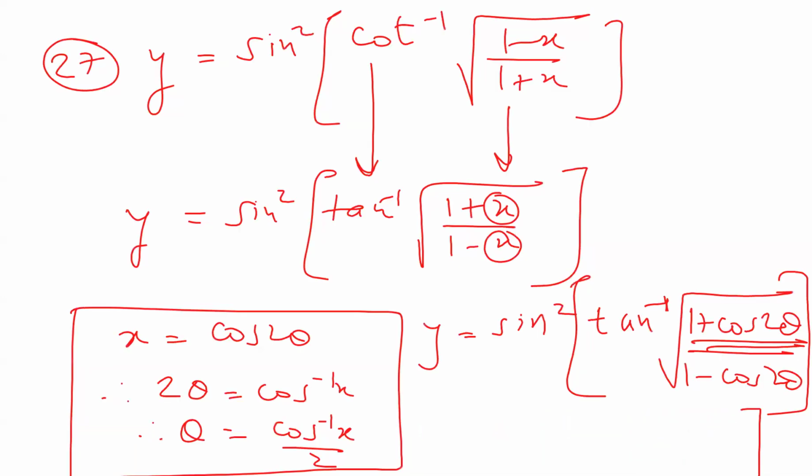Okay, so in the numerator, we are having 1 plus cos 2 theta. Now this 1 plus cos 2 theta is 2 cos square theta, half angle formula.